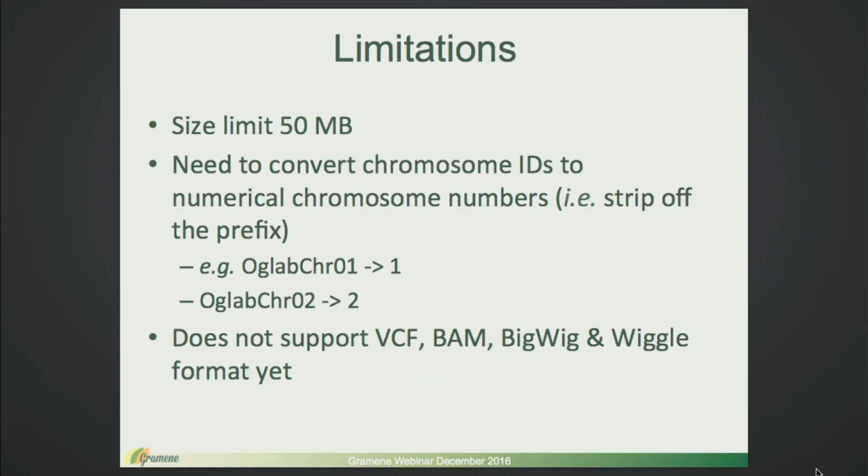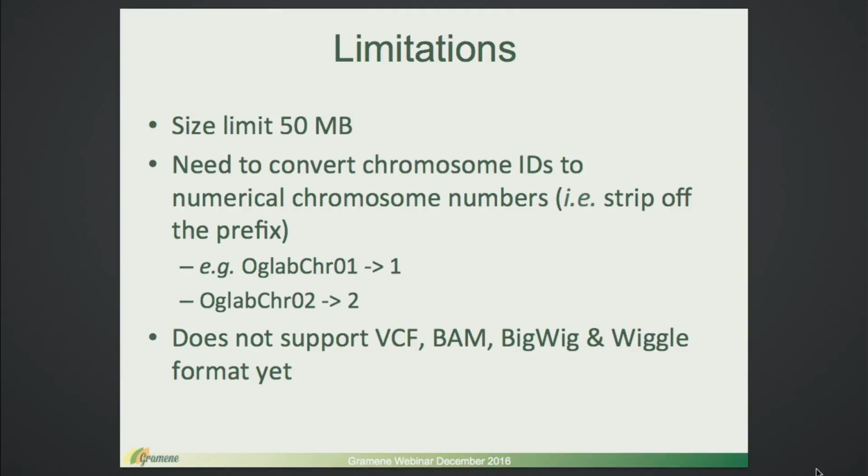The tool itself has certain limitations, so I'll be listing out a few of them. Firstly, since it's a web-based tool, you have a size limit of 50 MB. If you have a bigger file, it would be good that you run it standalone by downloading the chain file and using CrossMap. Then we also have to take into consideration the chromosome numbers, how the IDs are specified.